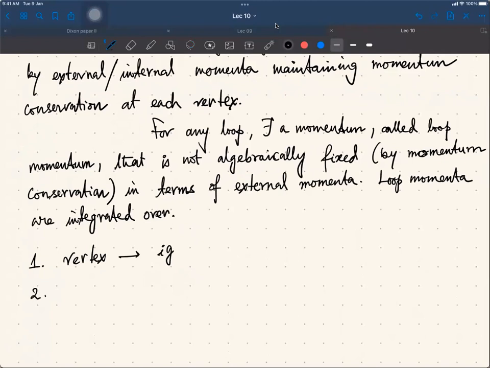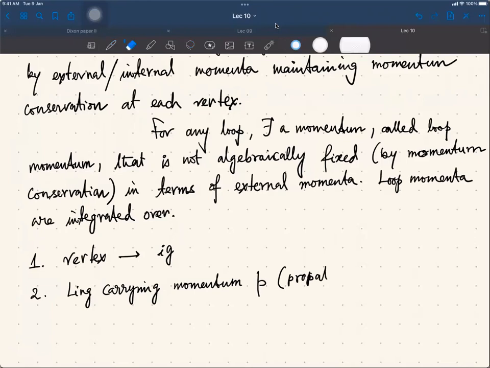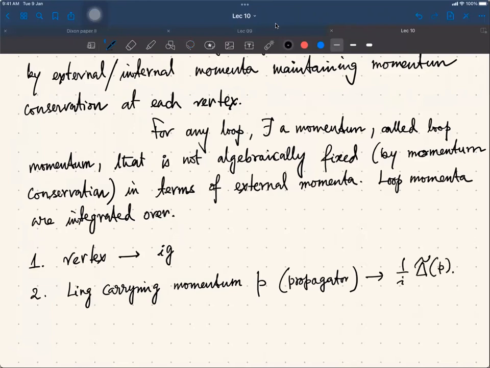Then for each line carrying momentum p, this is basically a propagator, you write 1 over i delta tilde p.